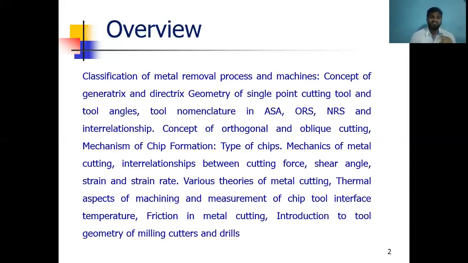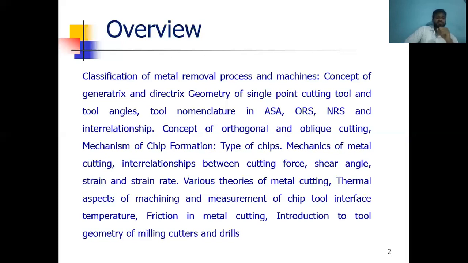The basic need in metal cutting and machine tools is to know the overall nomenclature: tool nomenclature in ASA, ORS and NRS, and the interrelationship between all these three.